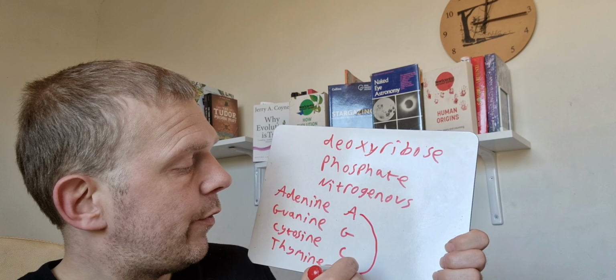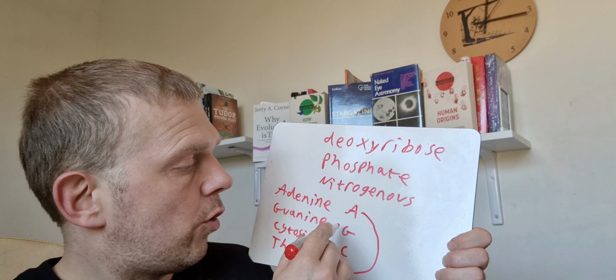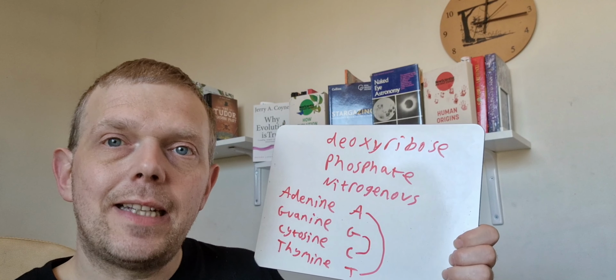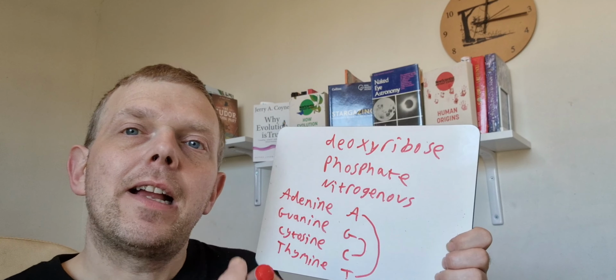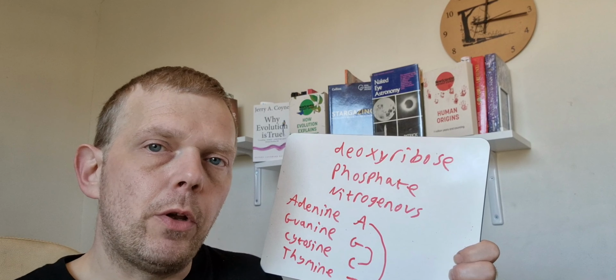Adenine always pairs with thymine, and guanine always pairs with cytosine. And these are connected to each other by hydrogen bonds.